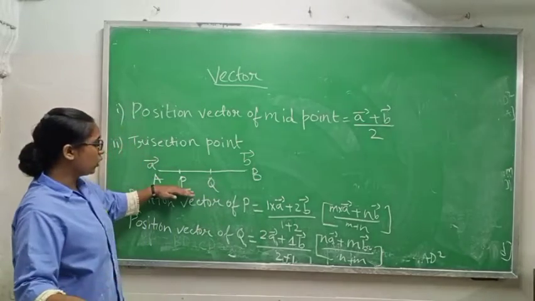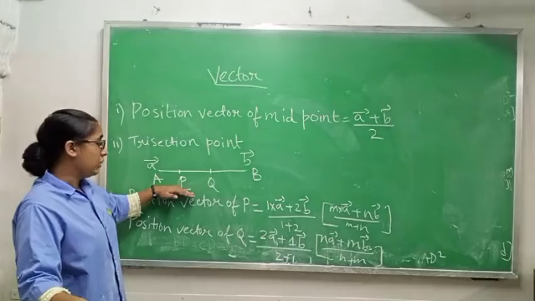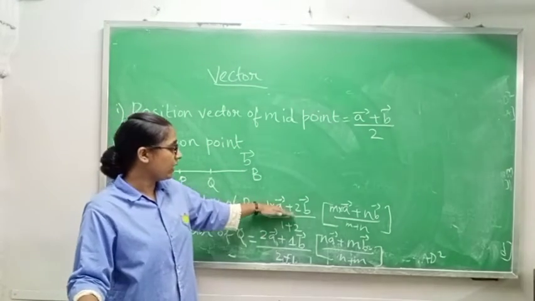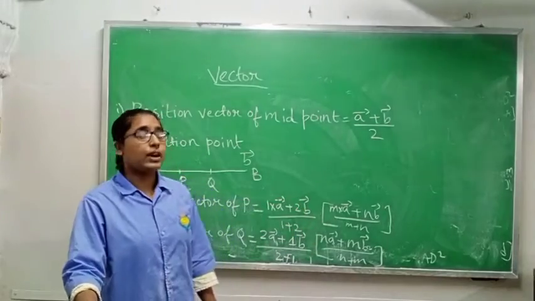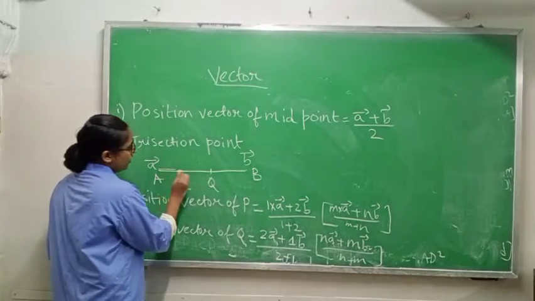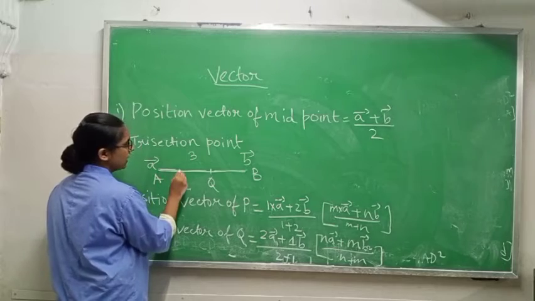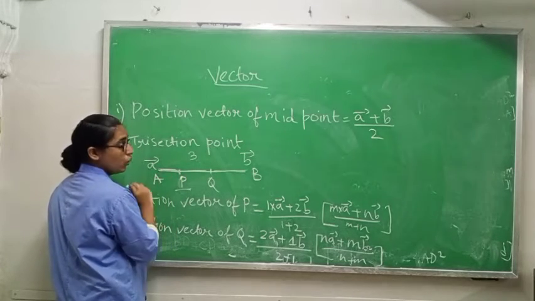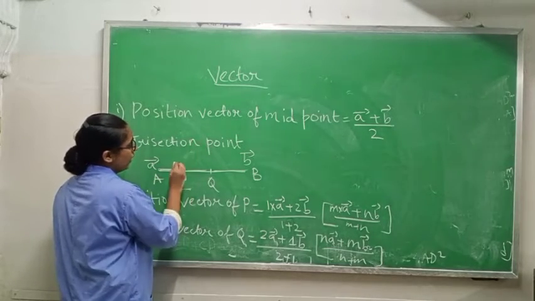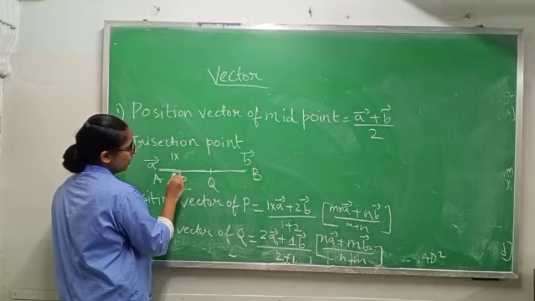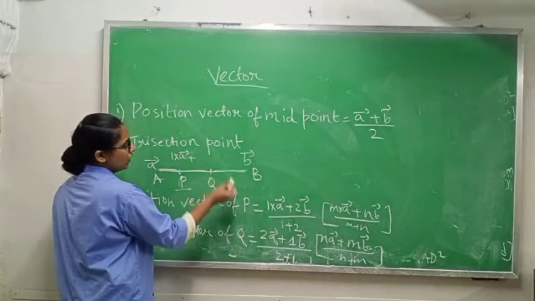If you want to find the position vector of P, it means 1 into A vector plus 2 into B vector. Why? Because see, how many parts are there? 3 parts are there. Total is 3 parts, and we are finding P. Means we are going up to 1 part.